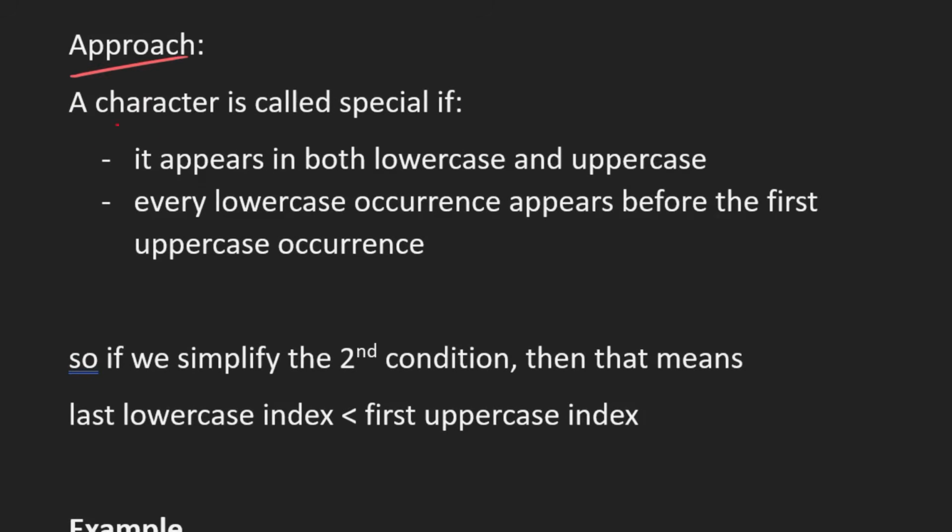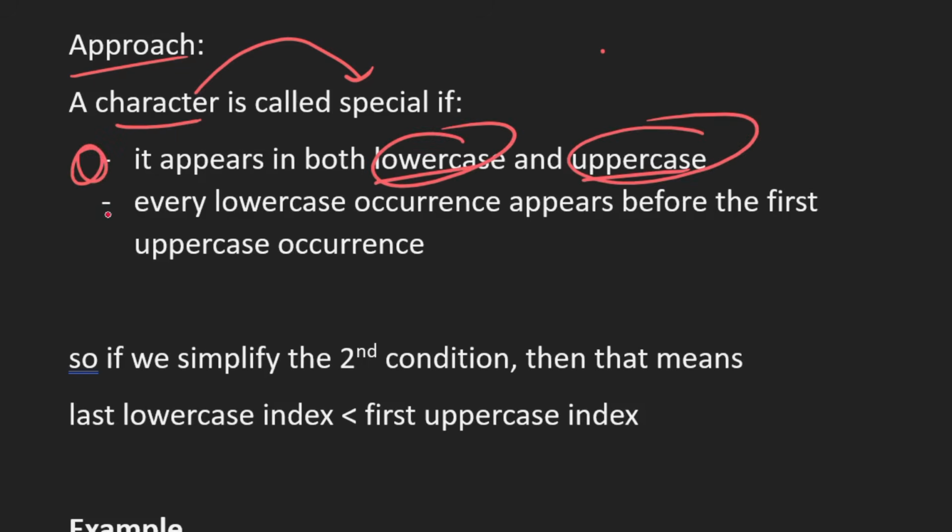As we know, a character is special if it appears in both lowercase and uppercase letters, right? This is the first condition. And the second condition is all lowercase should appear before the first uppercase letter, right?